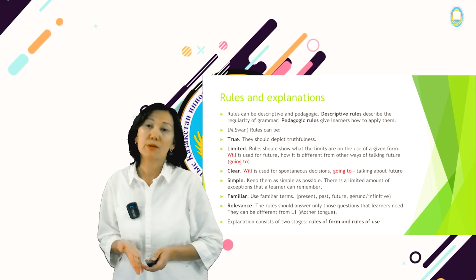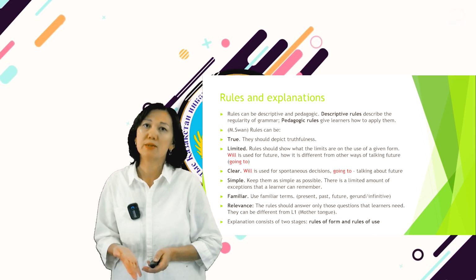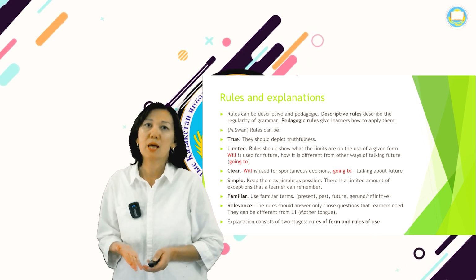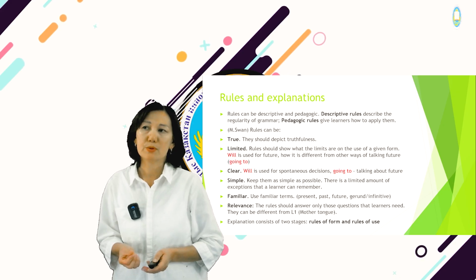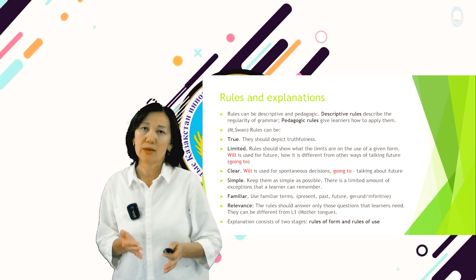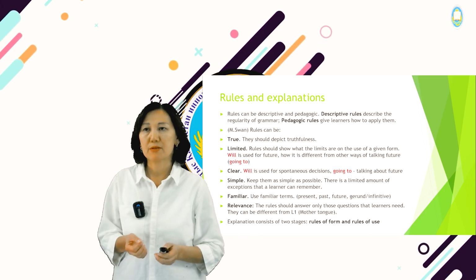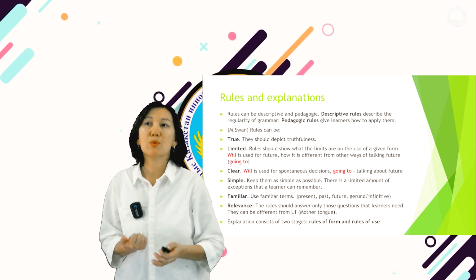And the next one, rules should be relevant. The rules should answer only those questions that learners need. Sometimes comparative teaching is okay, but please remember that rules can be different from their first language.